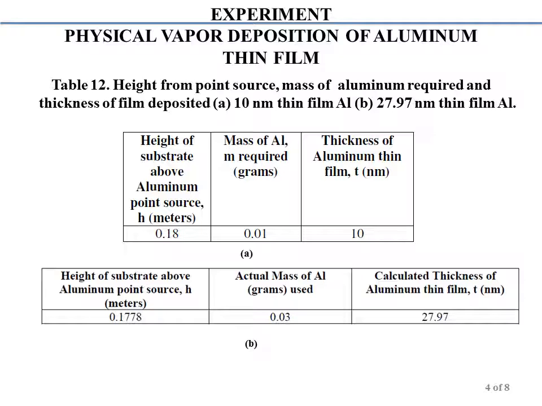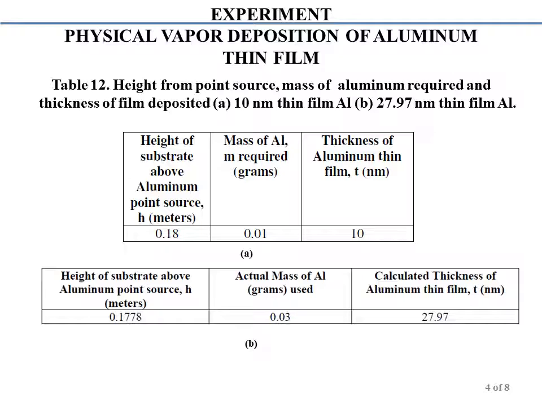In the next slide, we show an experiment in which from a certain height, the point source, 0.18 meters, a mass of 0.01 grams of aluminum would be required to deposit a thickness of aluminum film of 10 nanometers.